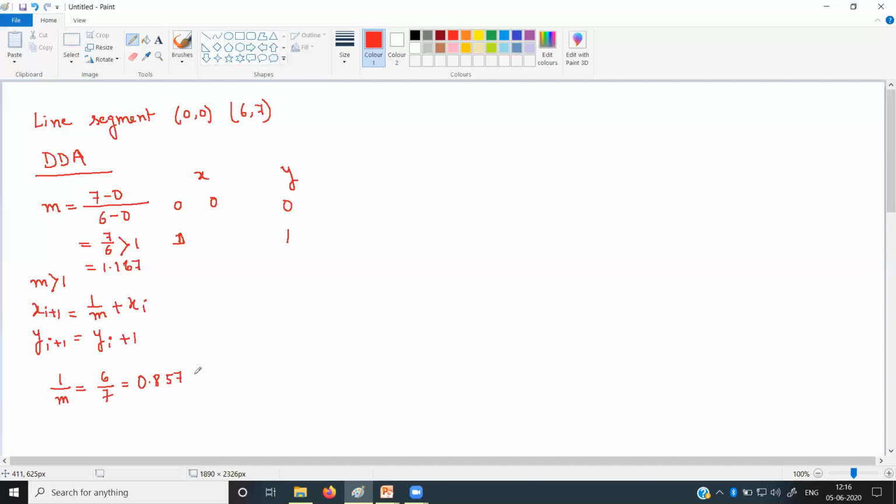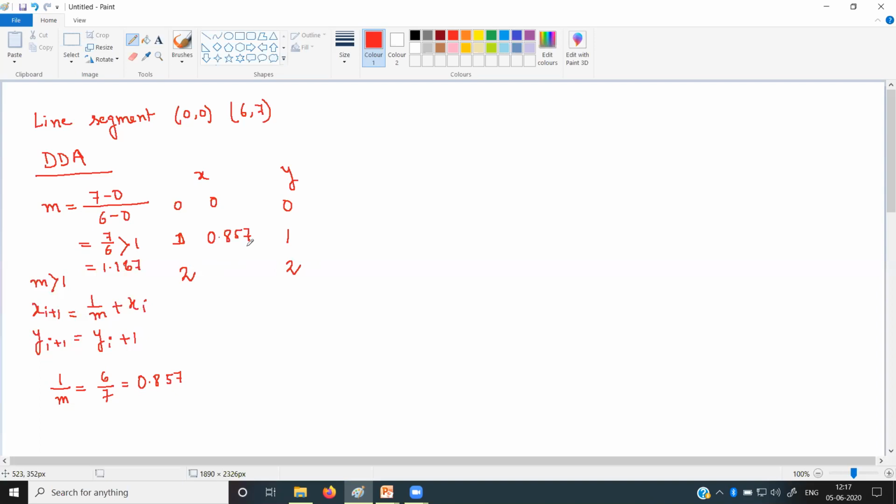Then 0 plus 0.857, so the value will be 0.857. I will directly write down the value. Now in the second iteration, y will be directly incremented by 1. So what will be the x value? The previous x value was this one and the next x value is 1 by m plus xi. So it will be 0.857 plus 0.857.